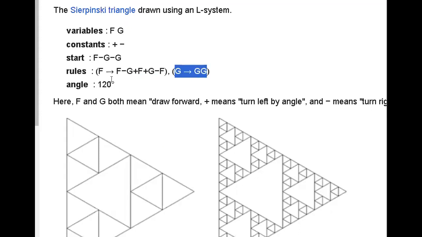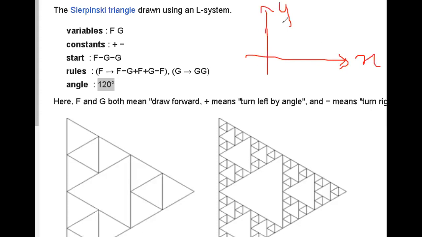The angle is how much the turtle turns. You can consider a turtle here, moving on the two-dimensional XY plane. This is the turtle with a pen, moving on this plane, with an X coordinate and a Y coordinate.